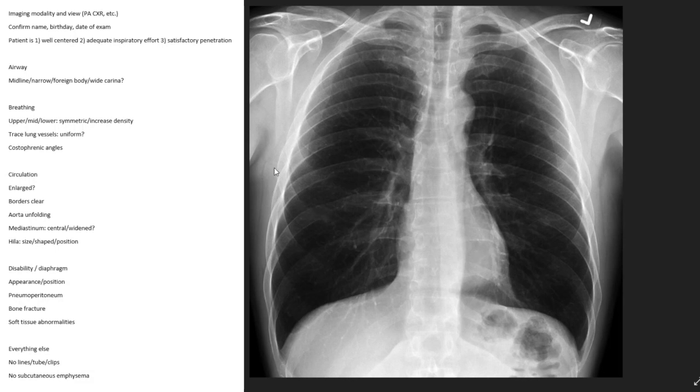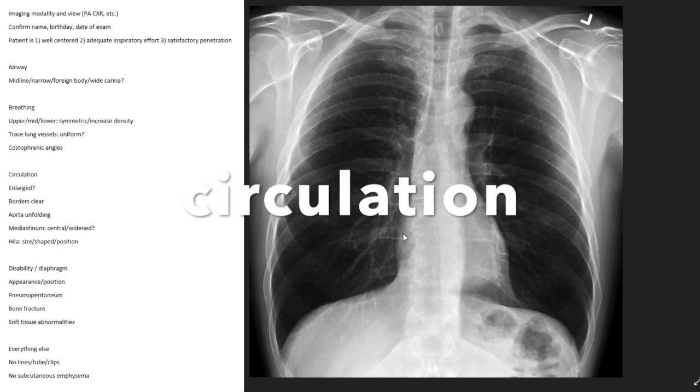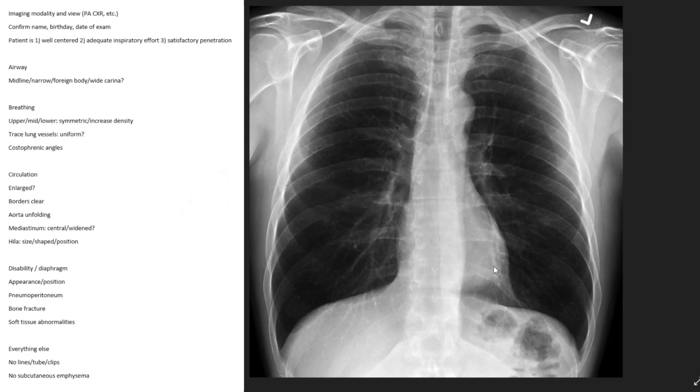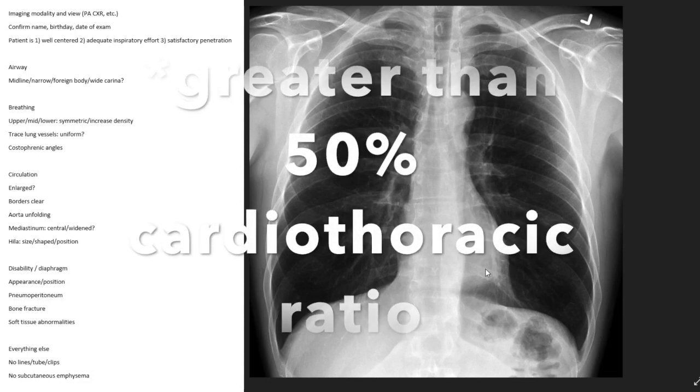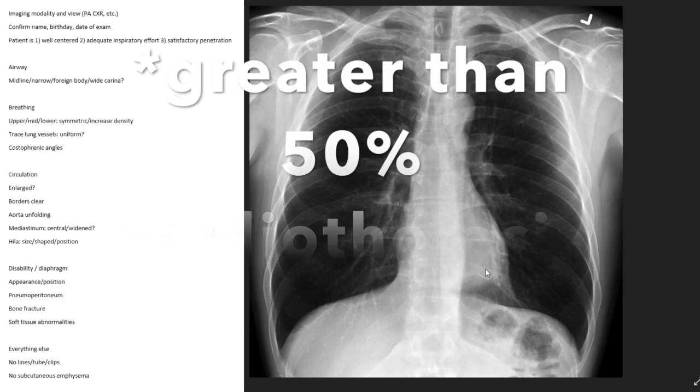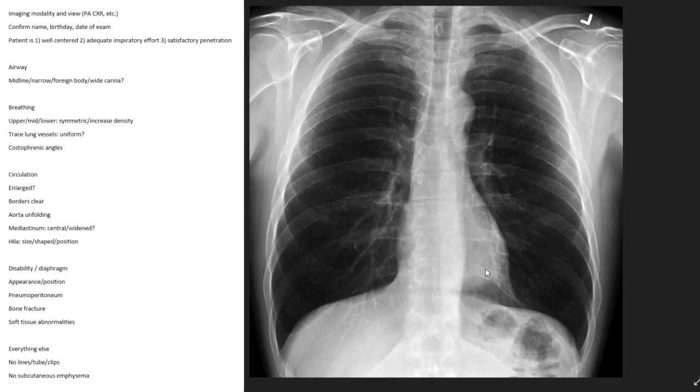After that, you'd like to look at the circulation. So you want to see if the cardiac silhouette is enlarged, greater than 50% of the mediastinum. And in this situation, the heart is not enlarged. The borders of the heart are clear. There's no silhouette sign. The aorta is not unfolded, and the mediastinum is central.